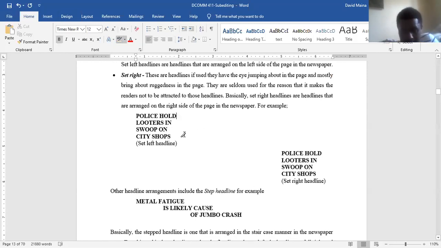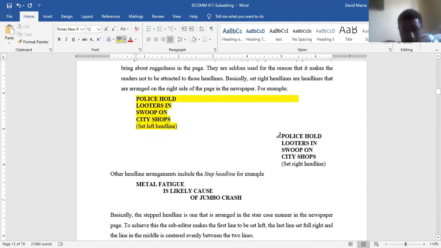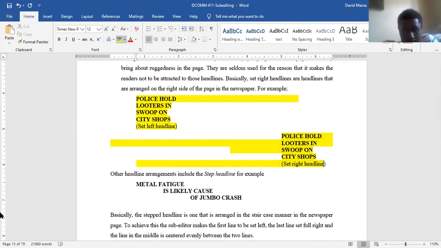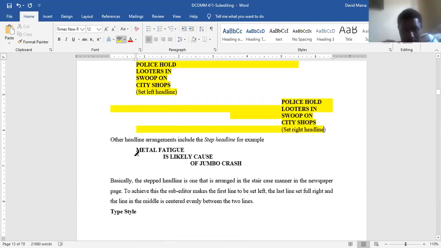Unaona hii. Yeah, this one imesetiwa left. This one has been set right. This one is center arrangement. Or you can simply put it like this. Yeah, that one is okay.